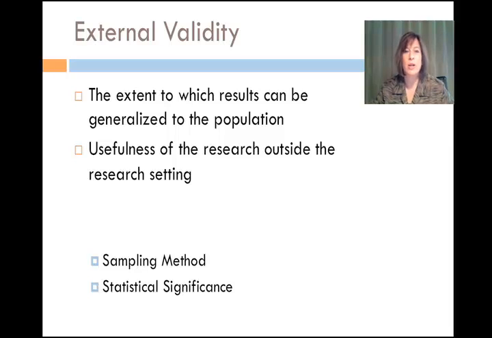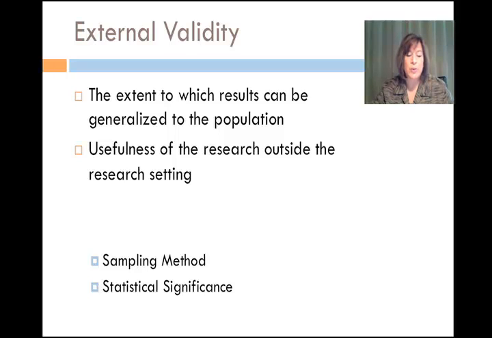And so those words go hand in hand too: external validity, generalizability. It is about whether or not our results can be inferred outside of our study setting, outside of our research setting, from the sample to the population.